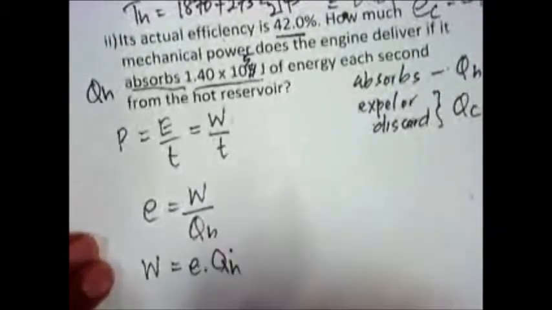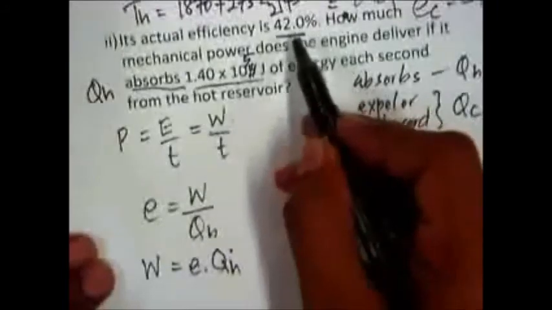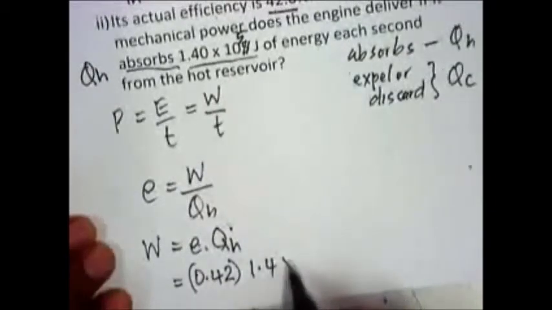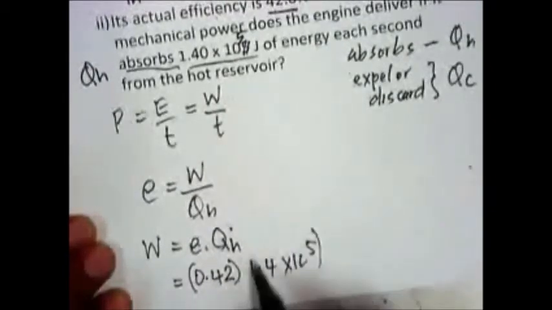So if the efficiency is 42%, 42% means 42 over 100, so it would become 0.42 multiplied by 1.4 times 10 to the power 5.